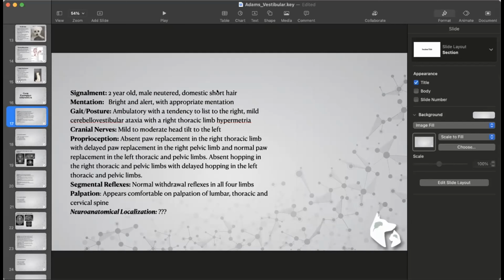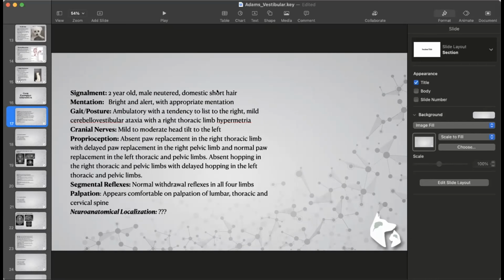He is bright and alert with appropriate mentation. He's ambulatory with a tendency to list or fall to the right. Mild cerebellovestibular ataxia with a right thoracic limb hypermetria, so an increased tone in the right thoracic limb. Mild to moderate head tilt to the left.